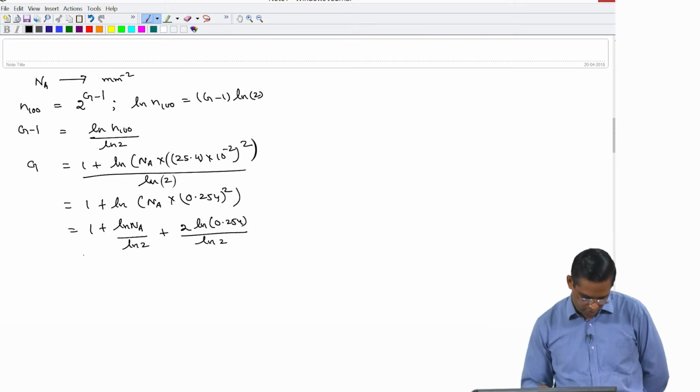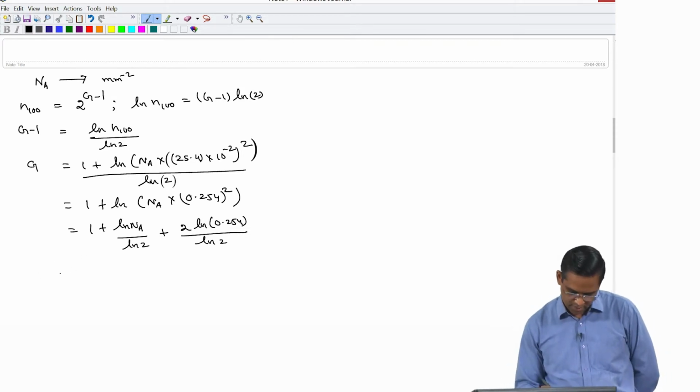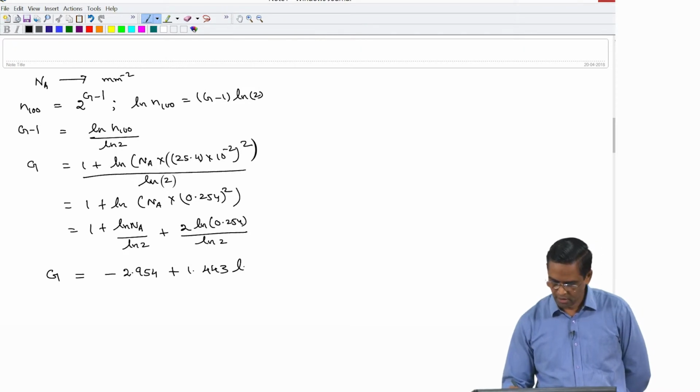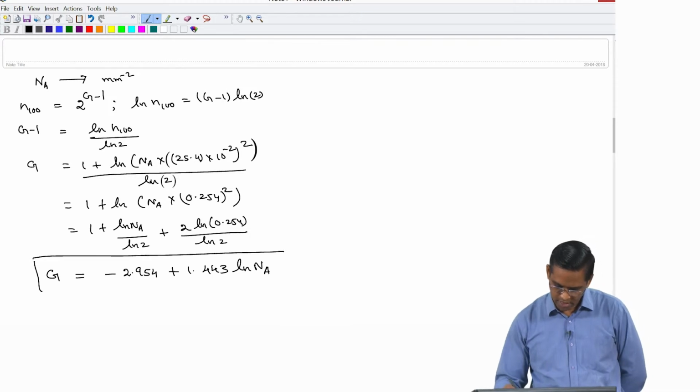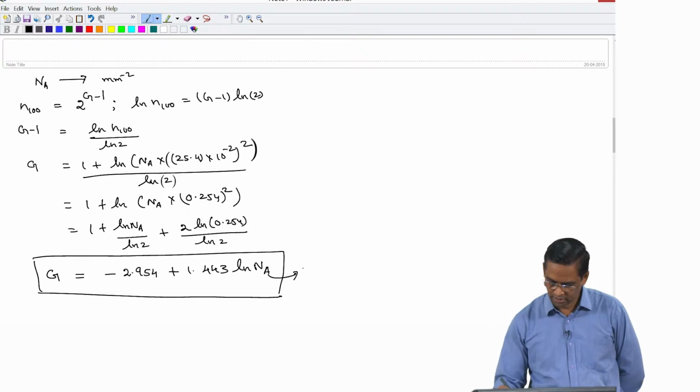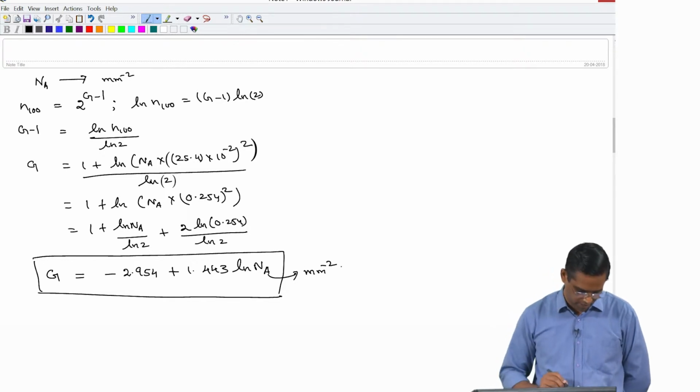So, you will get G is equal to minus 2.954 plus 1.443 ln NA. So, this is another way of writing G if NA is represented per mm square.